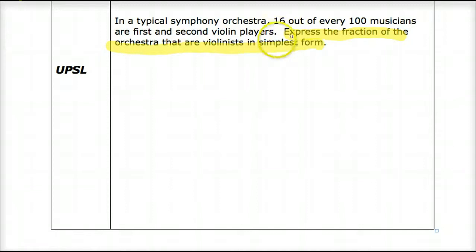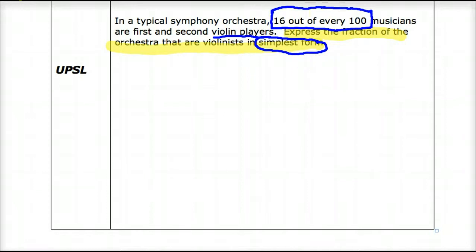So, for the keywords, we know that 16 out of every 100 musicians are violin players. And they want us to express the fraction of the orchestra that are violinists in simplest form. So that "out of every" tells us that we're going to be dealing with a fraction.